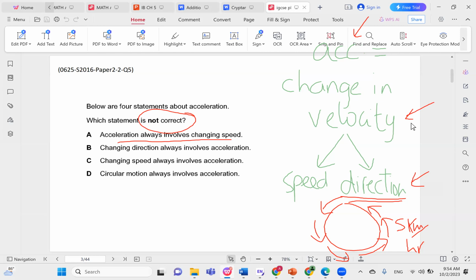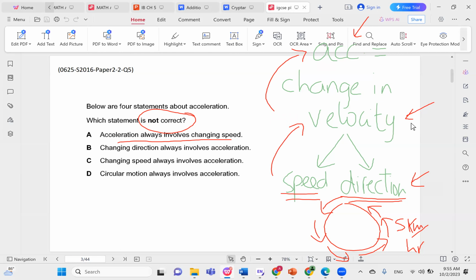So B is a correct statement. So it doesn't work for this question. C says changing speed always involves acceleration. Is this correct or not? Of course, this is correct. Because if the speed changes, then the velocity changes, then I'm accelerating.